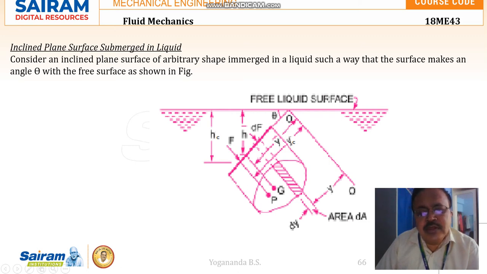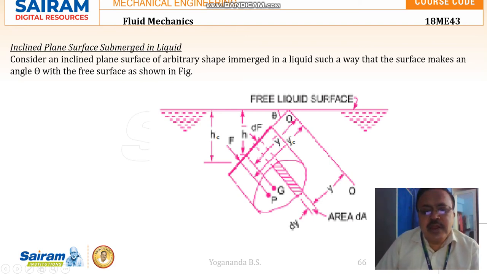So y bar is the distance of G from the given plane OO, and P is at a distance of yc, where the same P, when measured from the free liquid surface, was measured as hc.